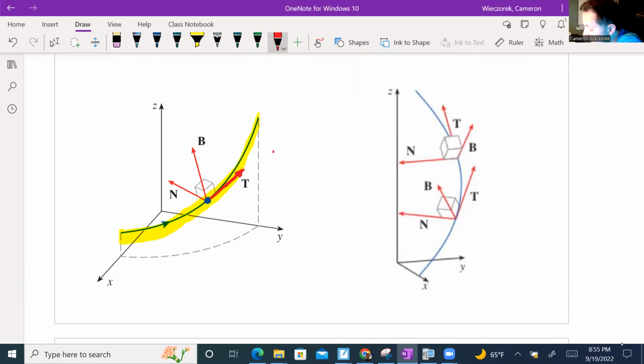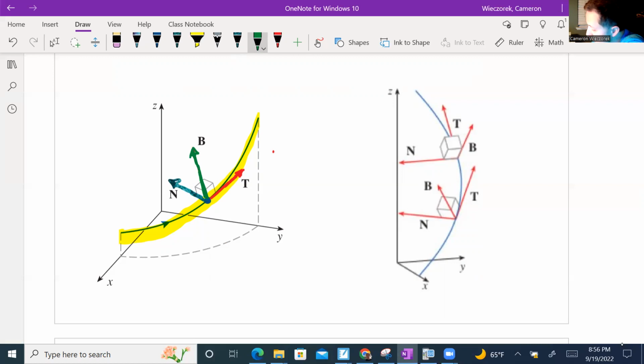Looks like the curve's moving that way. In blue, we've got the unit normal vector, which tells us the direction in which the curve is turning. Looks like it's turning inward at that point, since the concavity looks like it's concave up. And perpendicular to both of those will be my green vector, which is B. That's the binormal vector. That's orthogonal to the blue one and the red one.